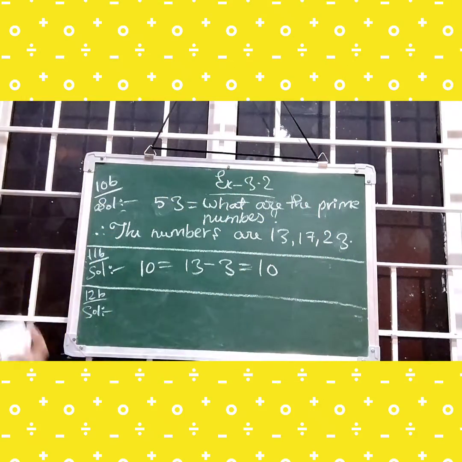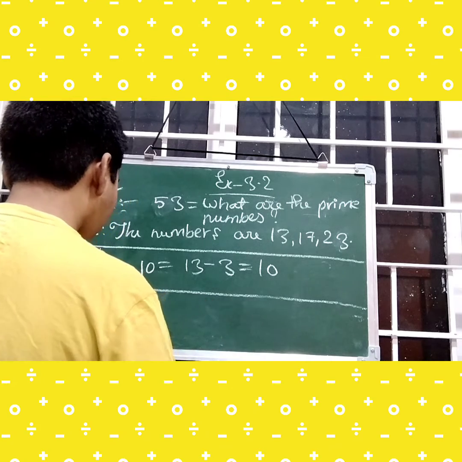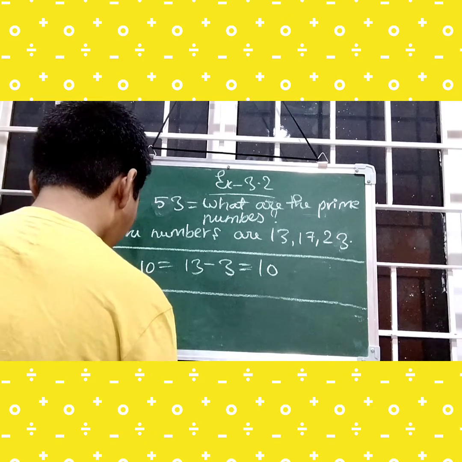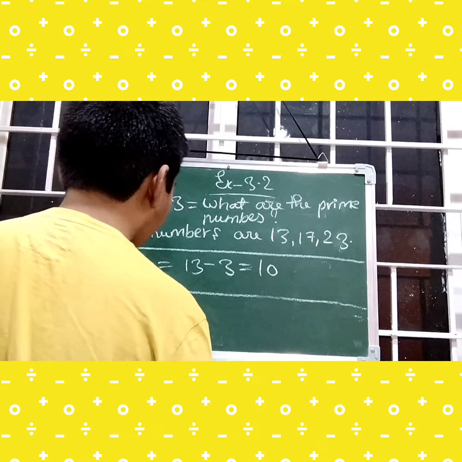So first is 5. So 2 plus 3 is 5. So 2 is a prime number and 3 is also a prime number because they have 1 and the number itself only. So let us go with 2 and 3. These two are the numbers.